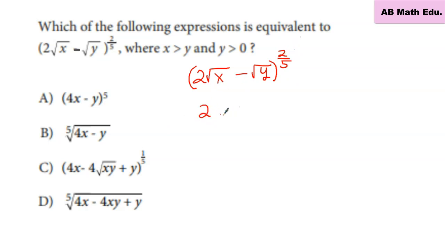So we can rewrite this as (2 root x minus root y) all squared, and then to the 1/5. And when we do that, we realize that this is a binomial. It's 2 terms, so we have to use the binomial expansion or the perfect square expansion.